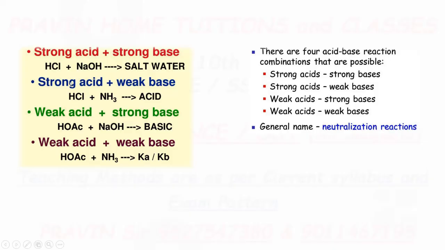When a strong acid reacts with a weak base, the product formed is of acidic nature. When a weak acid reacts with a strong base, the product formed is of basic nature. When a weak acid reacts with a weak base, the product formed may be acidic, may be basic, or may be neutral.